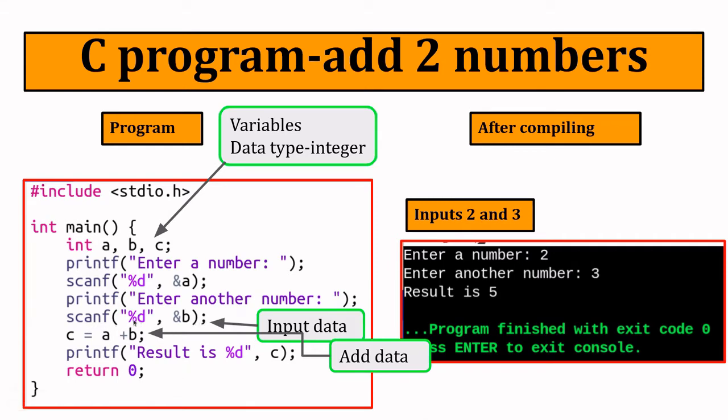%d means it is an integer value, and B to the address of B. Then C. This indicates that the value of A plus the value of B is assigned to C. This is not actually like an equation, where you write A plus B equals C. Here in the program, it goes from the right side to the left side.